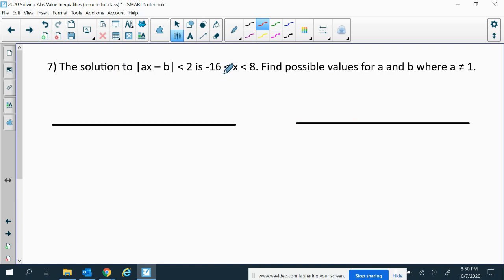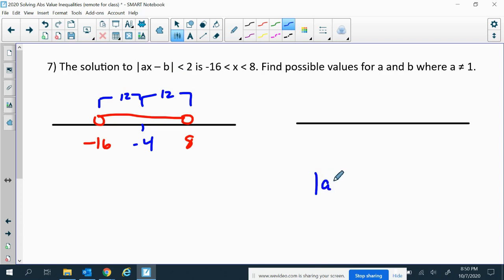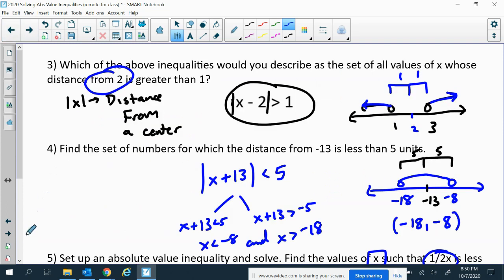Solution to this is negative 16 less than x less than 8. So I'm going to graph that real quick. The center of this would be at negative 4. And notice that my distances are going to be 12. So ultimately, when I find absolute value of ax minus b is less than 2, my goal is for this graph of a times x, because this is very similar to this problem.